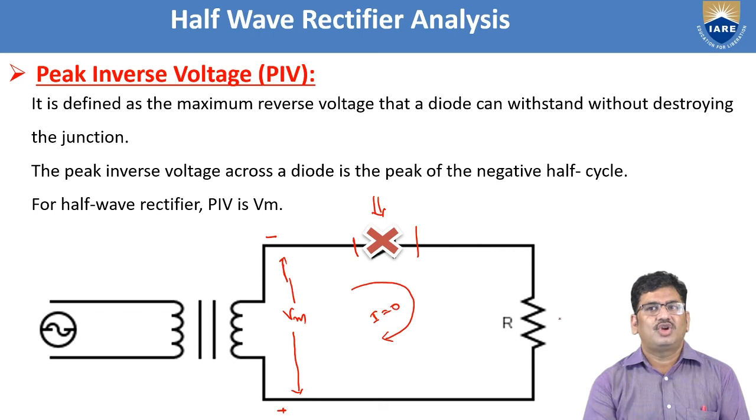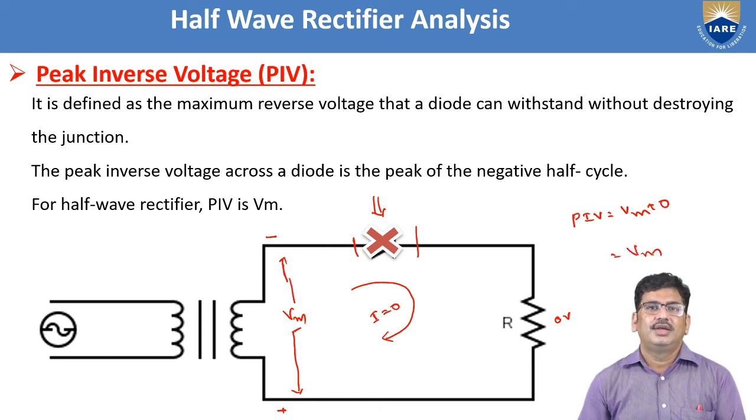So what is the voltage drop across the resistance R? It is equivalent to 0. So now the peak inverse voltage for half-wave rectifier is given as the maximum voltage Vm plus the voltage drop across resistance R, which is 0. So the peak inverse voltage for half-wave rectifier is Vm.